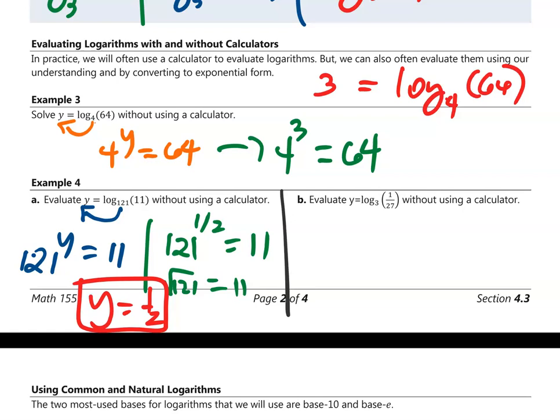Letter B, evaluate y equals log base 3 of 1/27 without using a calculator. So we know that the base is 3, so we can rewrite this as 3 raised to y is equal to 1/27.